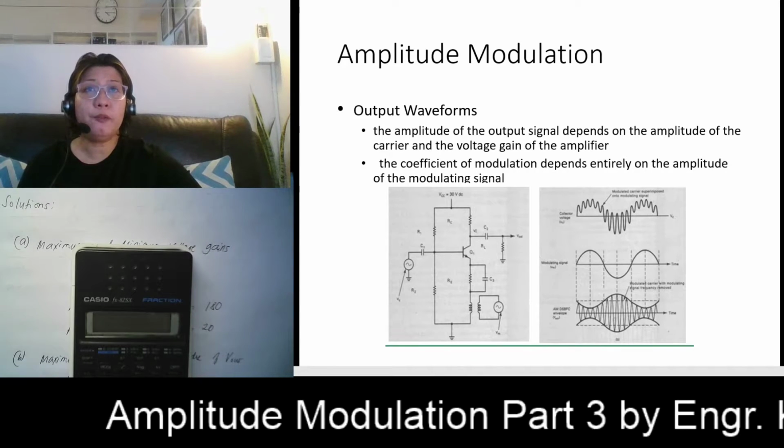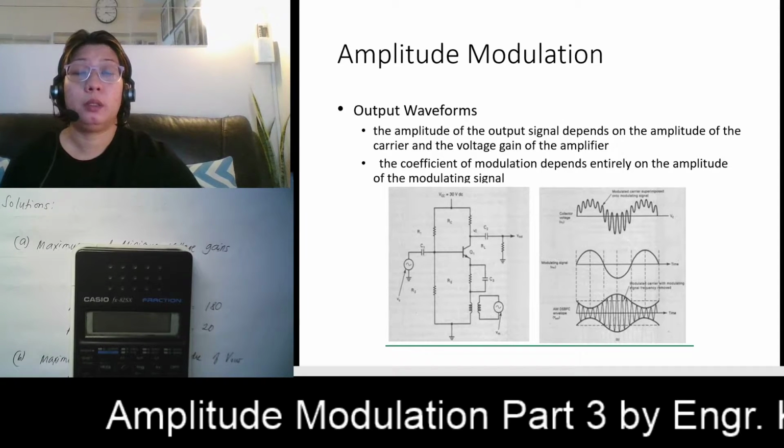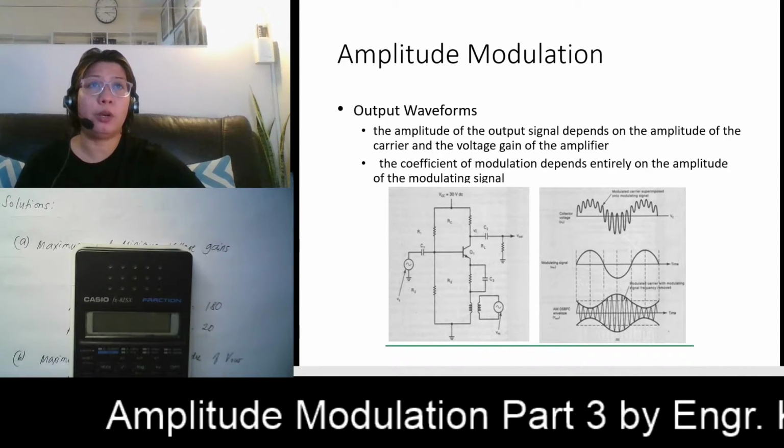So where is your collector waveform? Your collector waveform includes the carrier and the upper and the lower side frequencies.